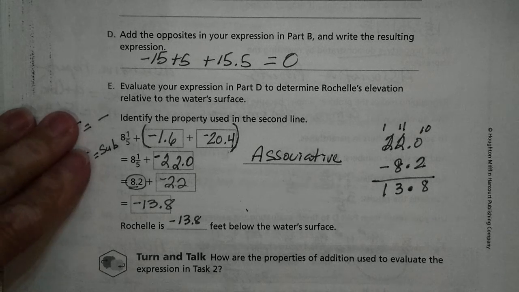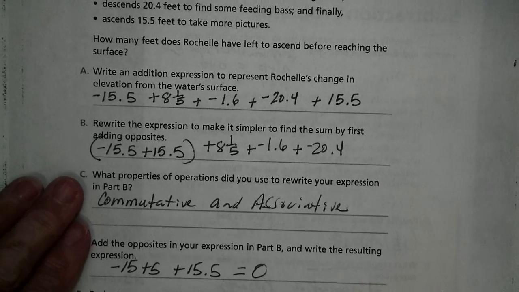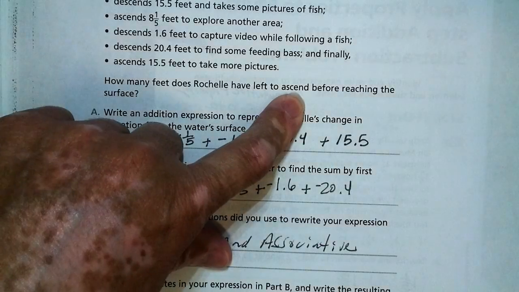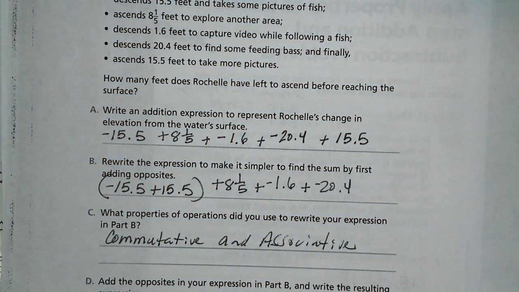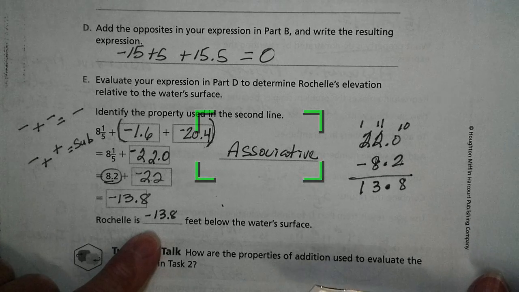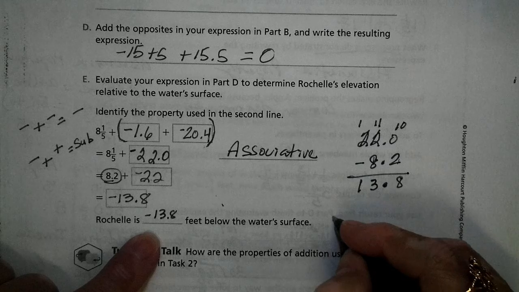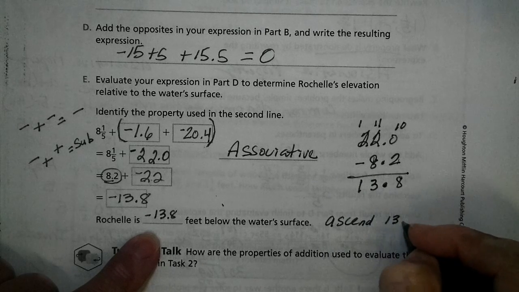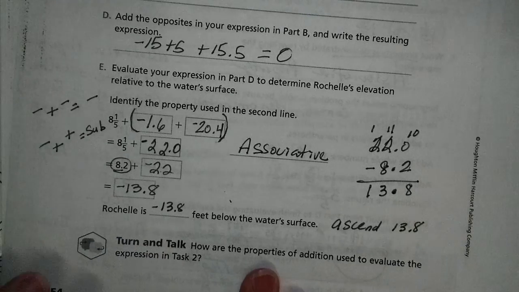So the original question says, how many feet does Rochelle have left to ascend before reaching the surface? So if she is at negative 13.8, she would have to ascend a positive 13.8.